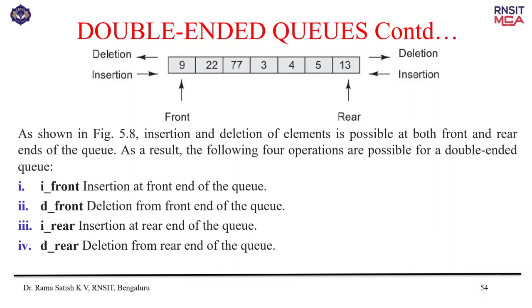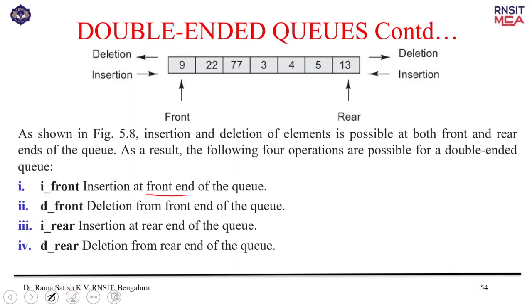As a result, you can do 4 operations. What are these 4 operations? Look at the first one, insert front, I front in short, which inserts the element at the front end.